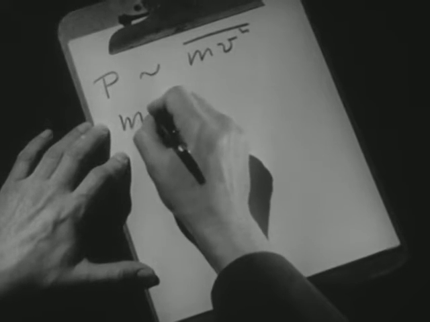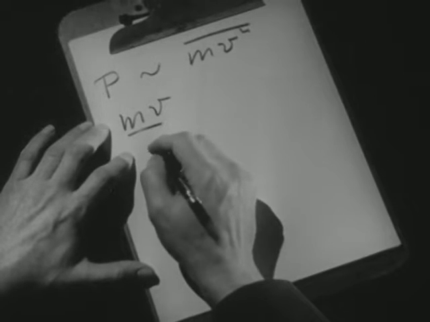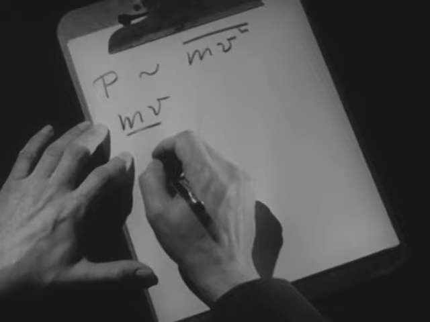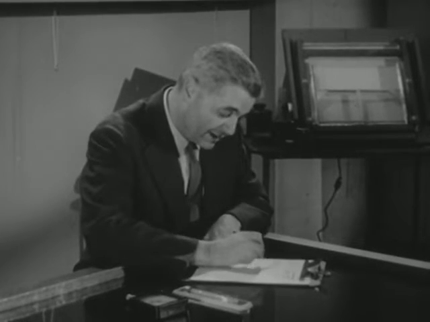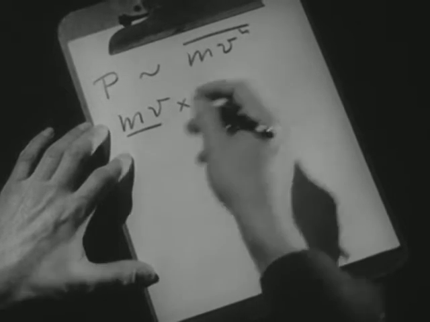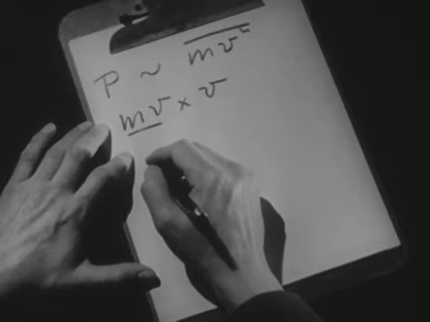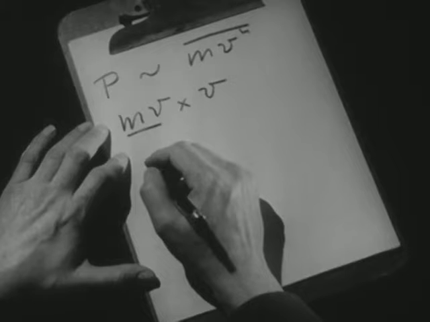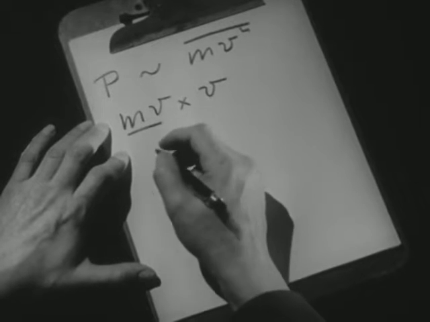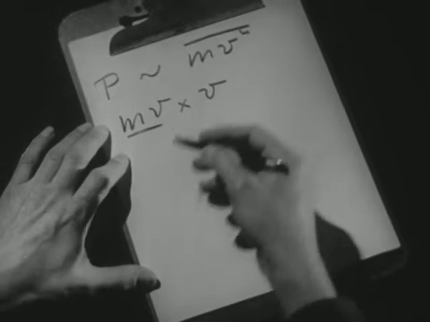One of these quantities, mv, comes from the momentum change at impact. The molecule hits and it bounces back, and the momentum change is, of course, proportional to the momentum of the molecule. And the other v comes in because the faster the molecules are going, the more molecules hit the wall. That's easy enough, and that's why we get the mv squared.